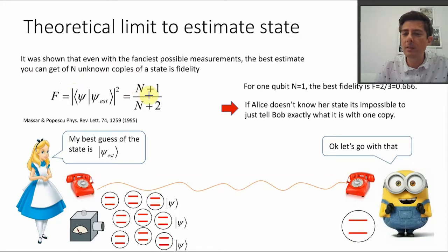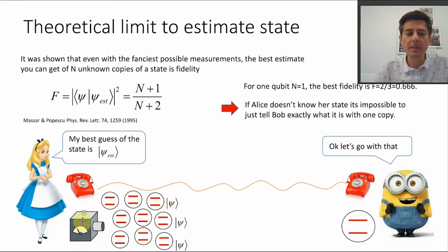So if she's got a huge number of states, then this is large number plus 1 divided by large number plus 2. So this number is always less than 1, but it gets closer and closer to 1, as in her estimate of the state gets closer and closer to 1 as n becomes large, right? So here she's got a whole bunch of copies of the state. They're all in the state psi.